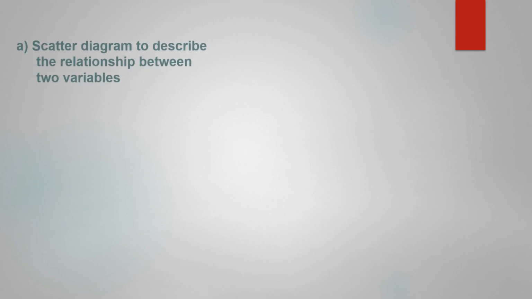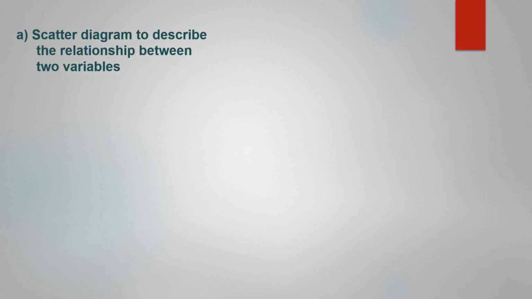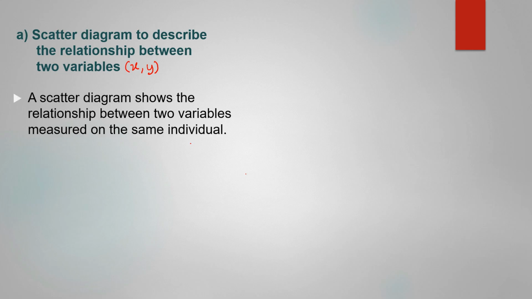Let's proceed with part A, scatter diagram to describe the relationship between two variables, which are the x variable and y variable. First, a scatter diagram shows the relationship between two variables measured on the same individual.